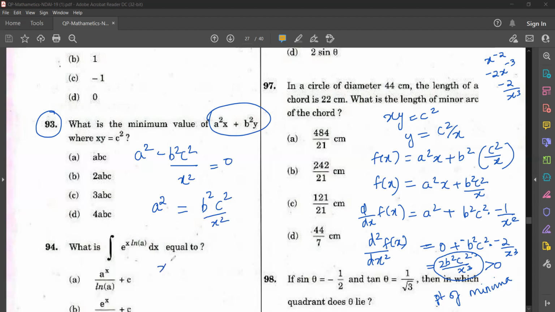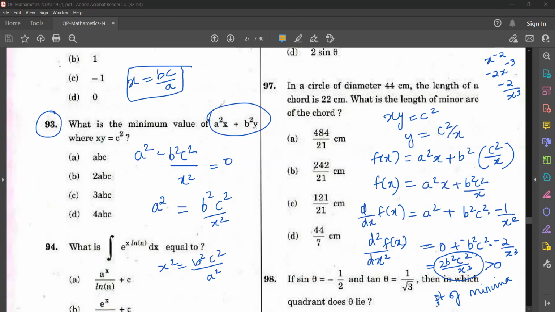So, we can write x square as b square c square by a square, isn't it? So you equated that and you found out x square. So what is x? X is equal to bc by a. Okay, so we got the x.